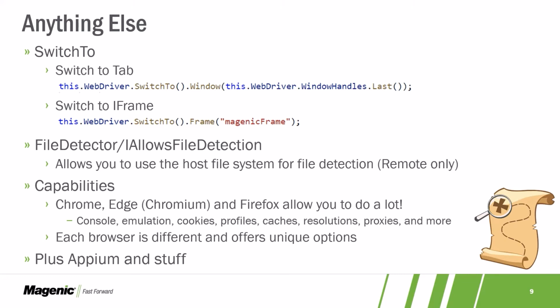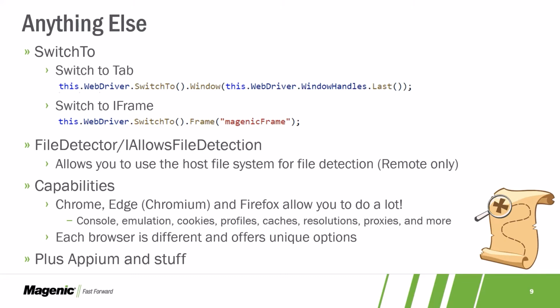First, switch to. When you are dealing with tabs and iframes, those can be tricky. And some of the automation frameworks' solution for this is we just don't support that. And Selenium has actually done a lot of work to make sure that we can use these kinds of things.